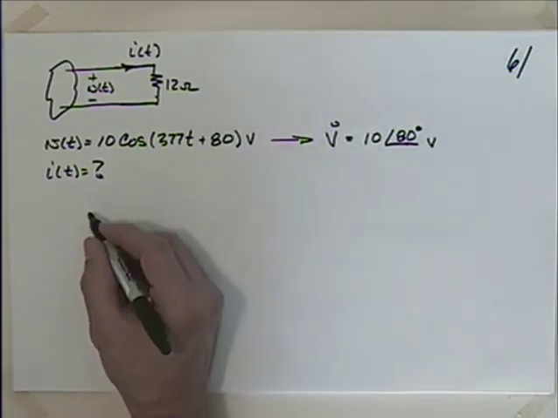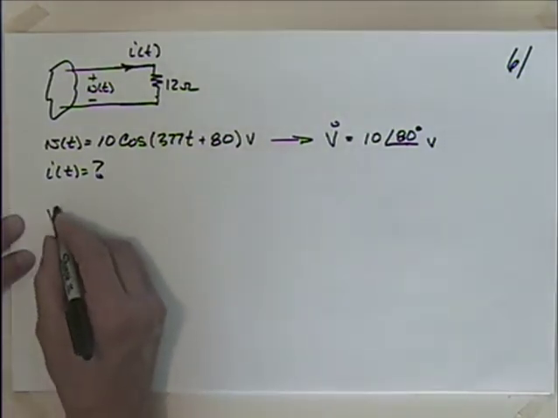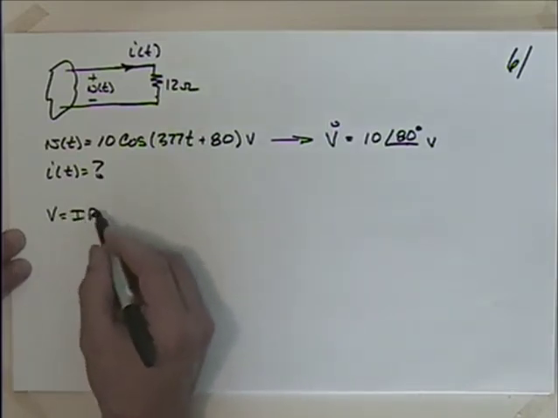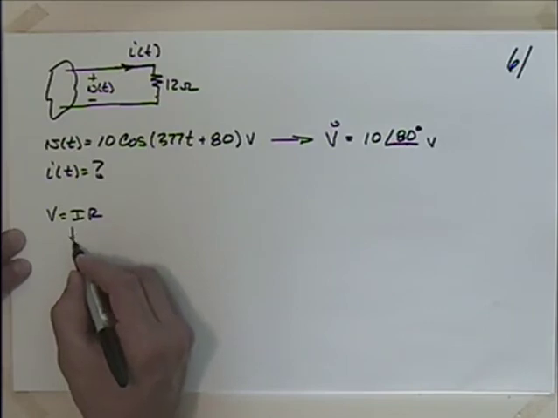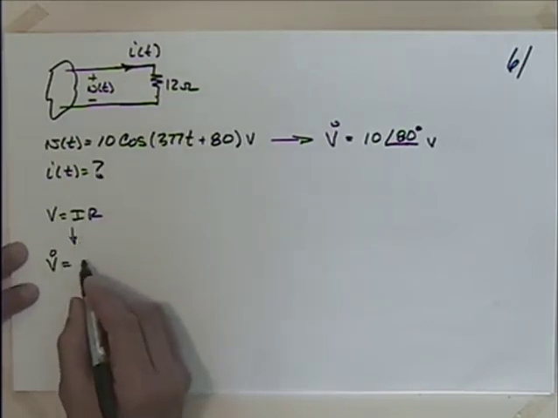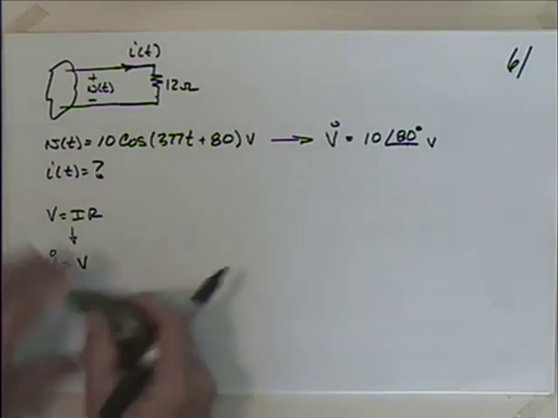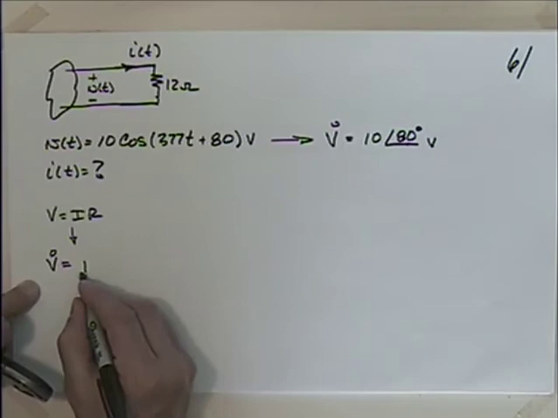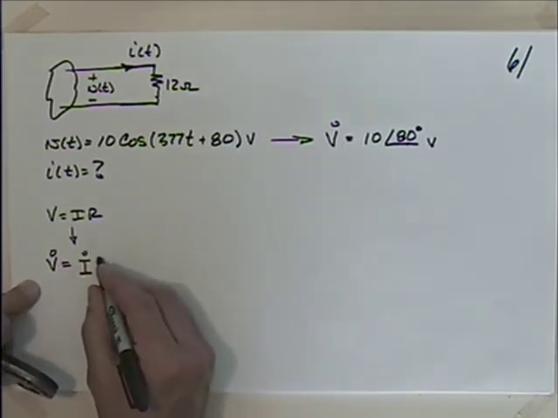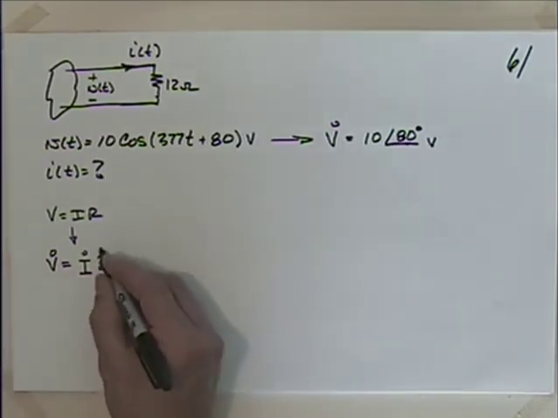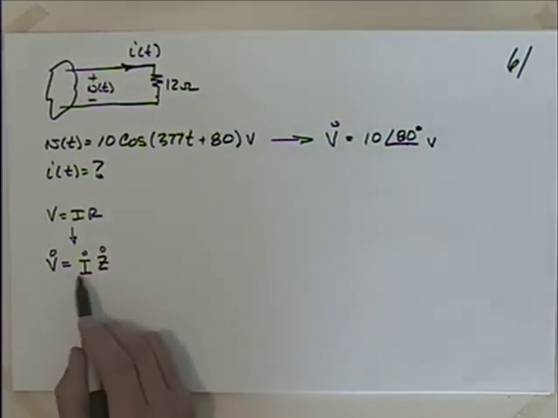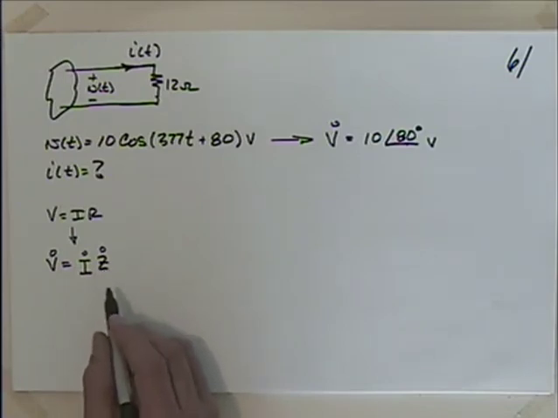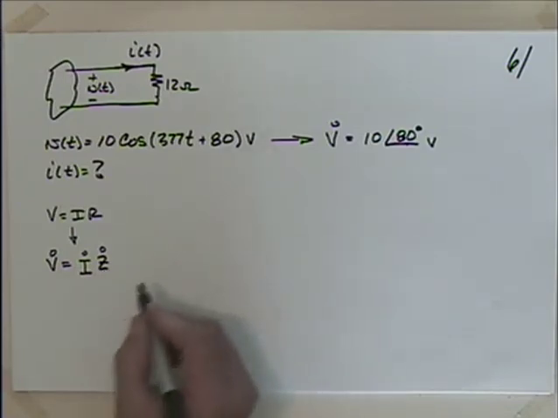And then I can look at Ohm's law. Remember Ohm's law that V is equal to IR? Well, we're going to replace this. The new Ohm's law is that phasor voltage V is equal to phasor current I times the complex number, the impedance Z. Well, what's Z for the resistor?